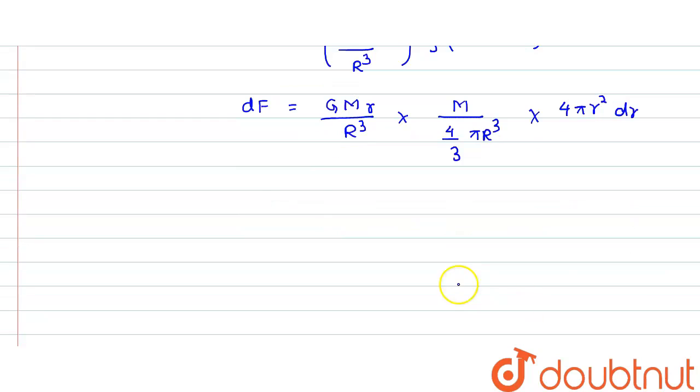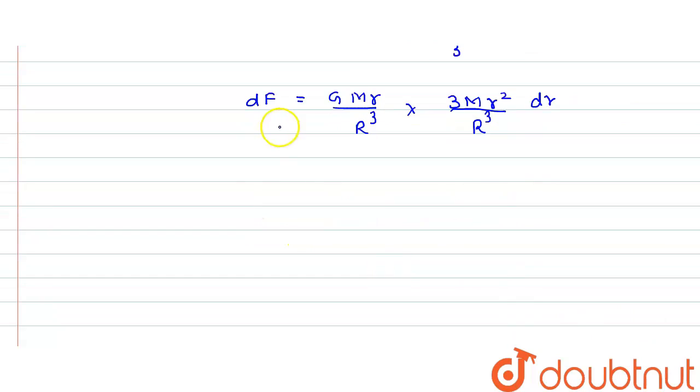Now if we solve this, dF equals GM into r divided by R cube, times 3M over R cube, times r square dr. The 4 and 4 cancel, and pi and pi cancel. So dF is 3GM square r square divided by R to the power 6 into dr. This is our force.